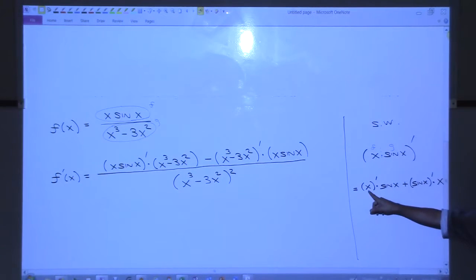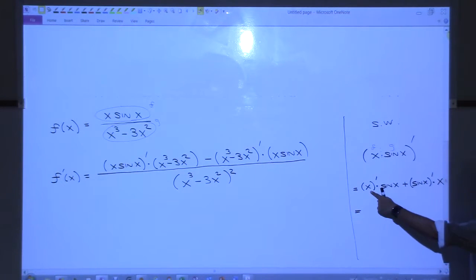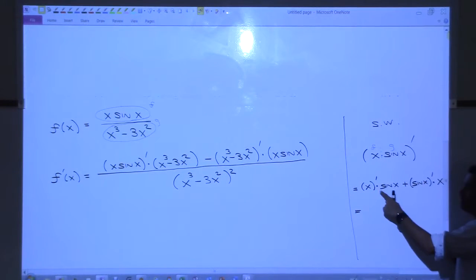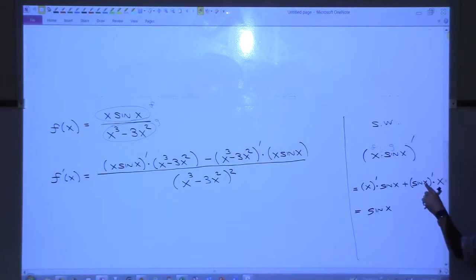And so Ronnie, what's the derivative of x? One, okay, times sine x. So this is just sine x. And then the derivative of sine x is cosine x, and then times x. I'm going to write it this way, plus x cosine x. So I decided to put the x out here in front.